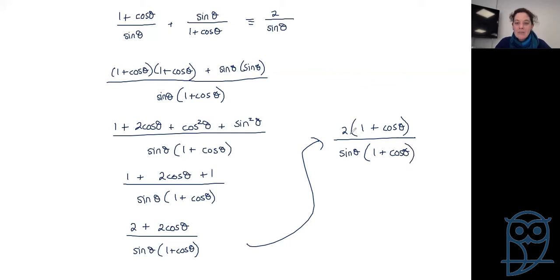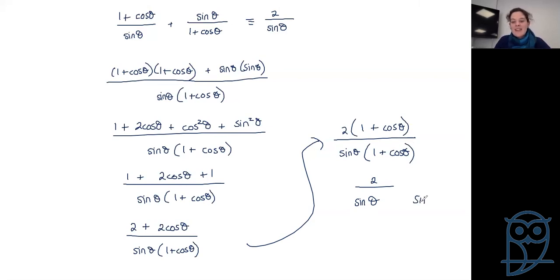And now we have multiplication. We can cancel. We do not draw lines to show that cancelling because we don't want to disrupt the showing of our factorization. But we just write on our next line 2 over sin θ because our examiner can see what we've done with the cancellation. We don't have to draw the lines through it.